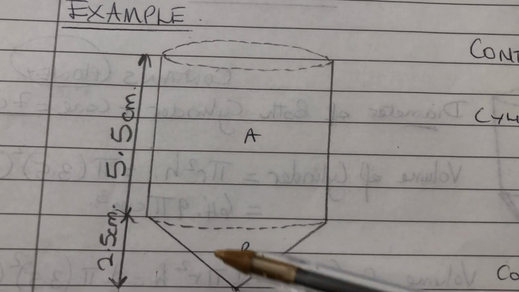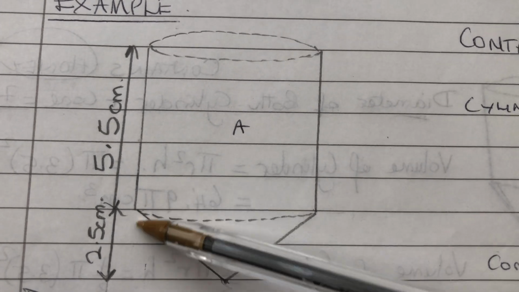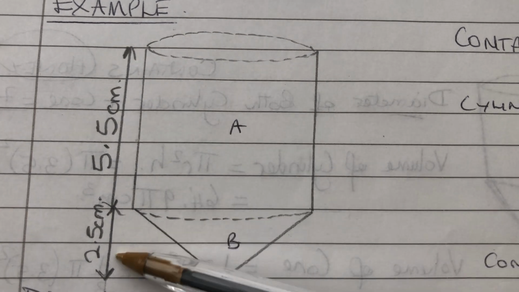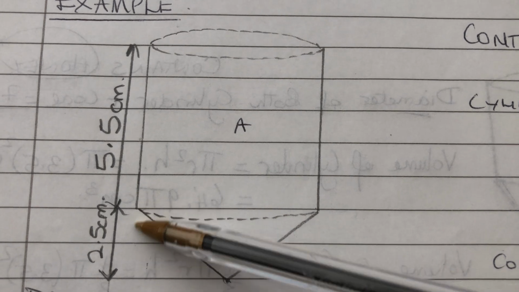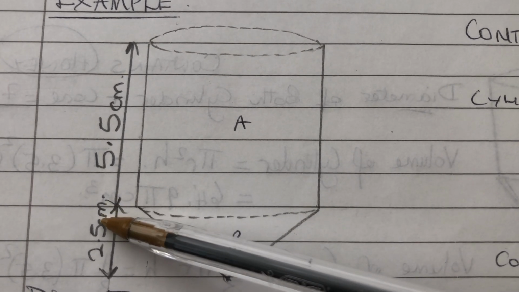Now the cylinder part that is hidden in the concrete, the height is 2.5 meters. The cone part, please, 2.5 centimeters.